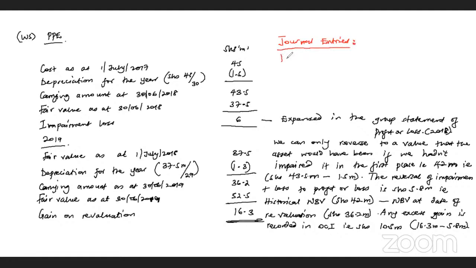The journal entries will debit property, plant and equipment with the shilling 16.3 millions. Then we shall credit our statement of profit or loss.